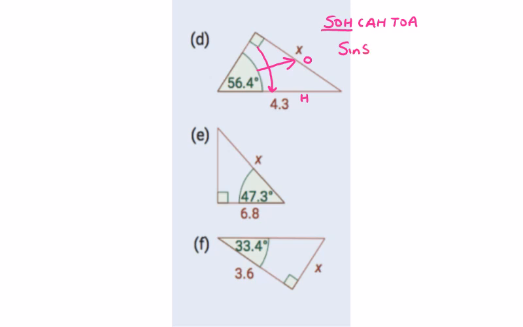So the sine of the angle 56.4 is equal to O over H. X over 4.3, and when the unknown is on top, it stays on top, and we multiply by the bottom. So 4.3 by the sine of 56.4 is equal to X, and it's just calculator use at this point.